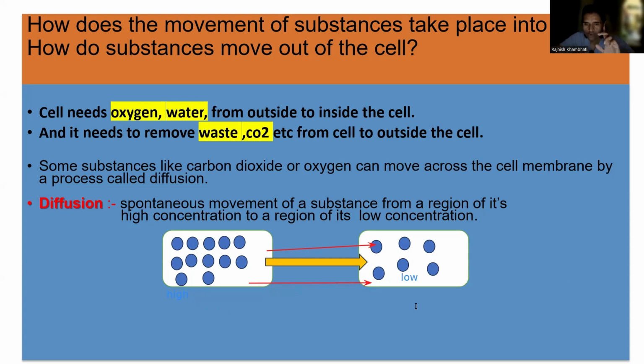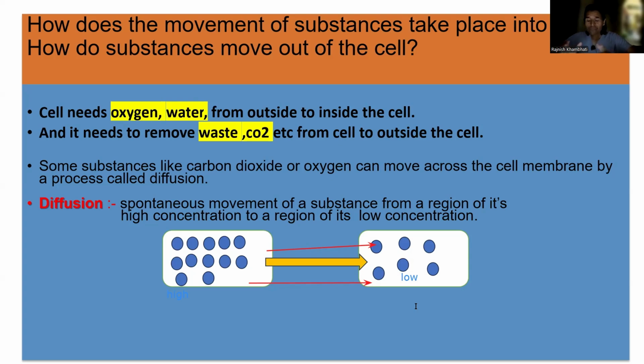Clear? So you can explain this in other terms: it is the movement of the molecule from its higher concentration to its lower concentration. It means they will be moving from where they are high to where they are in low concentration, in low amount.